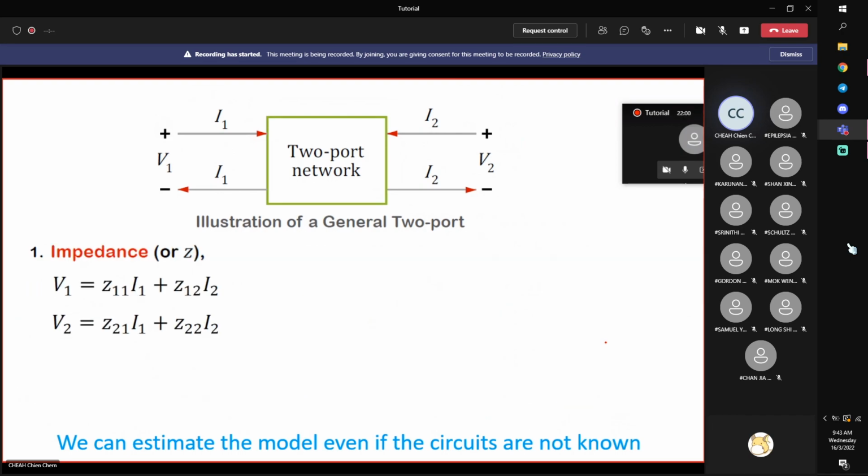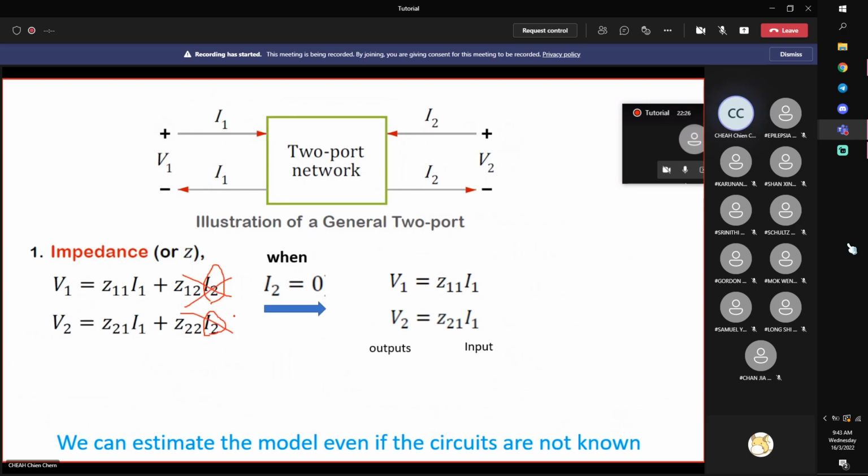Now, firstly, let us look at how we identify the parameters Z11, Z12, Z21, Z22 of an impedance model. The key idea is that you set one of the inputs to 0 at a time. Suppose that you set I2 to 0. If I2 is equal to 0, then there's no more I2 in your model. There's only I1, so instead of 2 inputs, you restrict it to 1 input only.